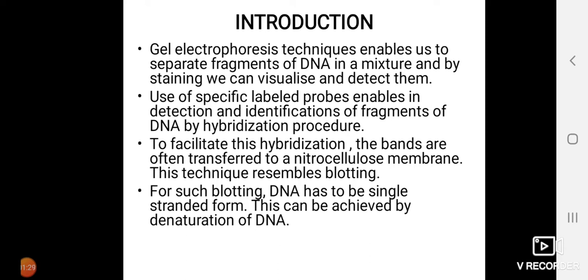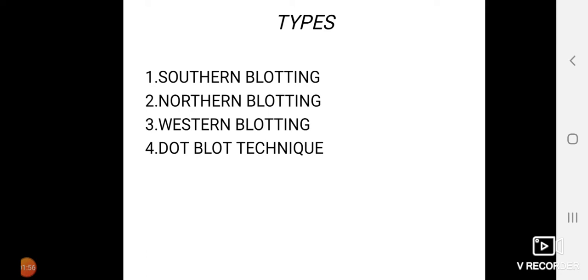Once they are separated, then we are going to blot it, means we are going to transfer it onto the nitrocellulose membrane, and then we are going to use some labeled probes to detect those blotted components, and to facilitate the hybridization, and then we are going to study it and visualize. There are different types of blotting: southern blotting, northern blotting, western blotting, dot blot technique, and some people also call it southwestern blotting.